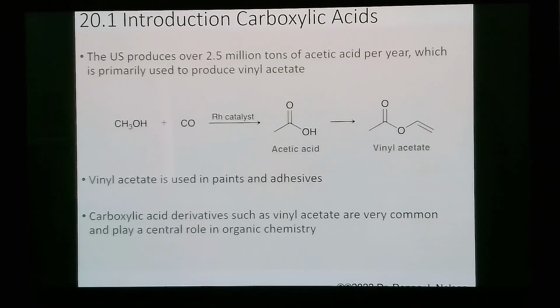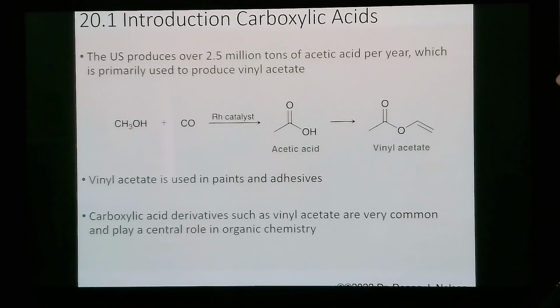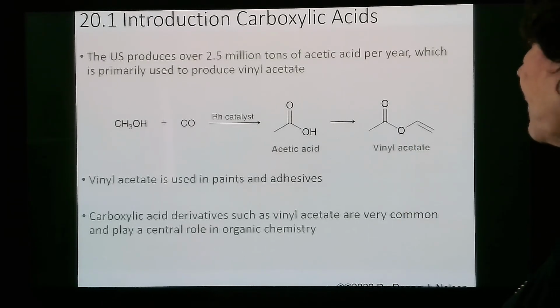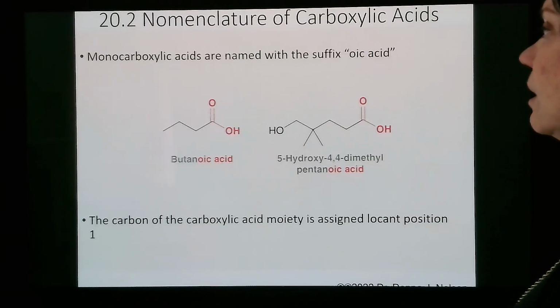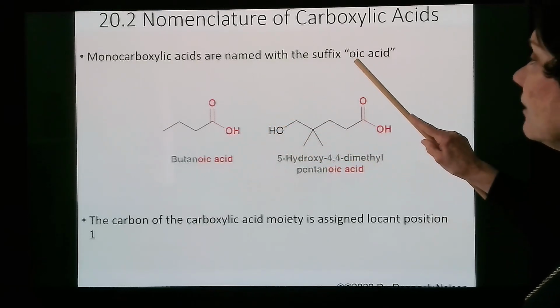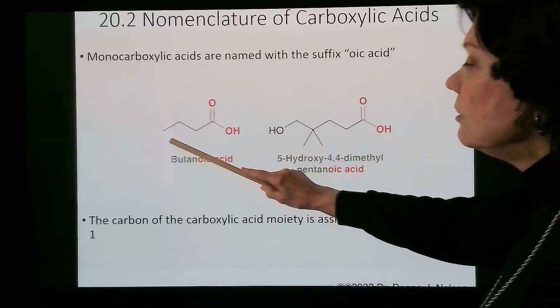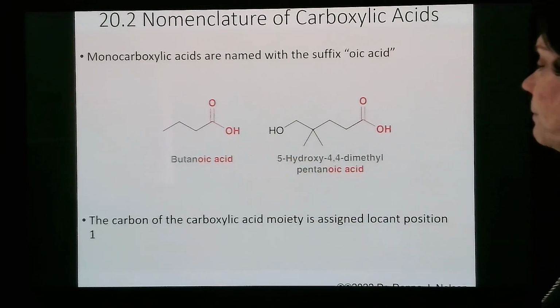The U.S. produces over 2.5 million tons of acetic acid per year. And that can be easily converted to vinyl acetate, which is used in paints and adhesives. They're very common molecules. Monocarboxylic acids are named using the suffix oic acid. So for 4 carbons, butanoic acid.